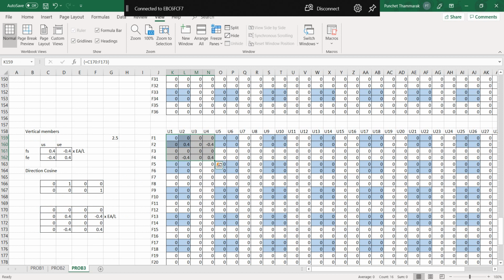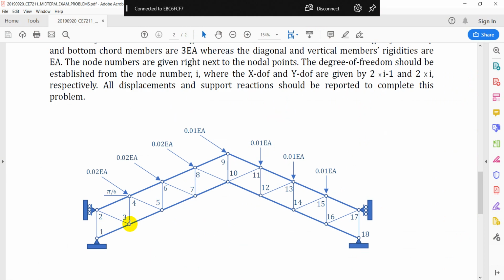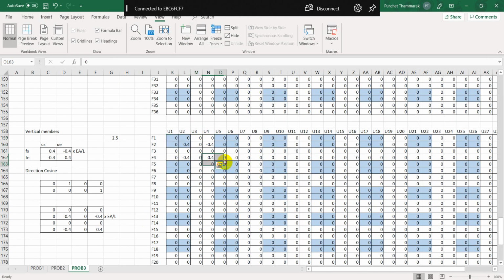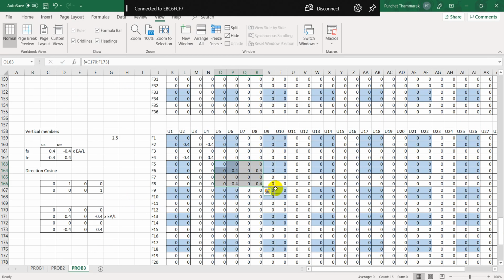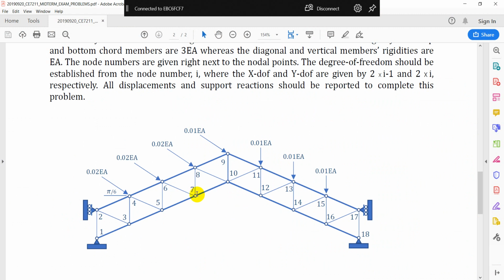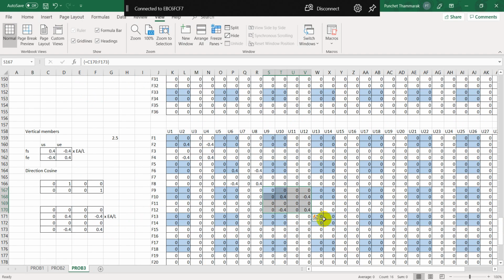And then the second one, 5, 6, 7, 8. And the third one, 9, 10, 11, 12. And then 13, 14, 15, 16.